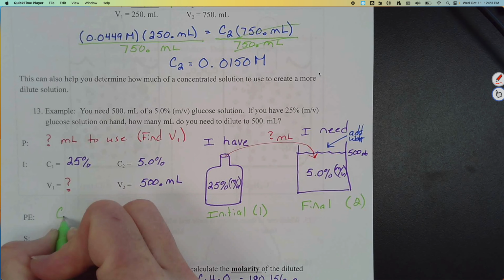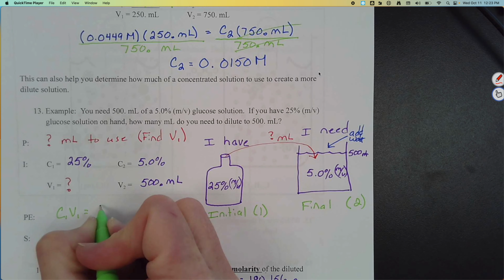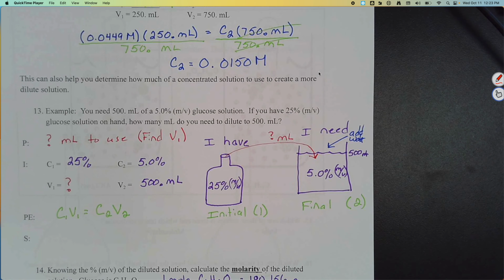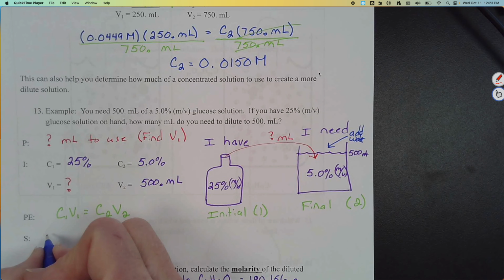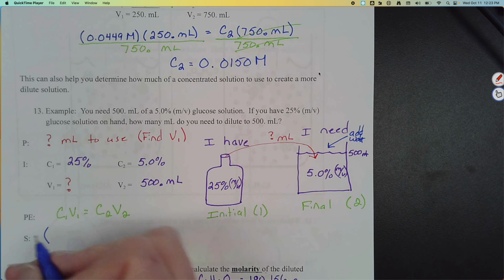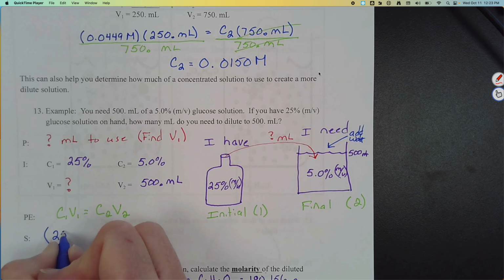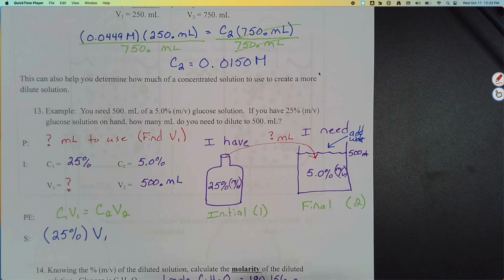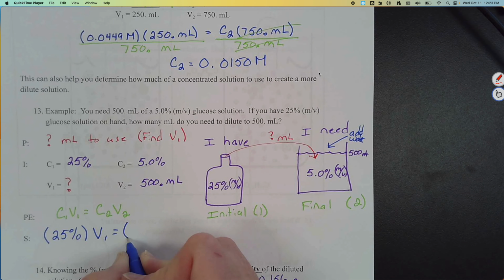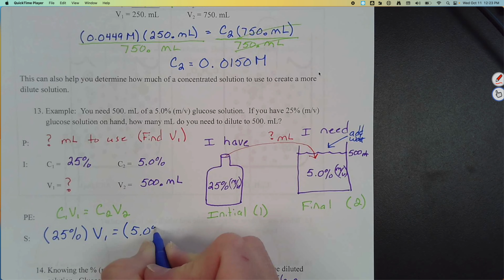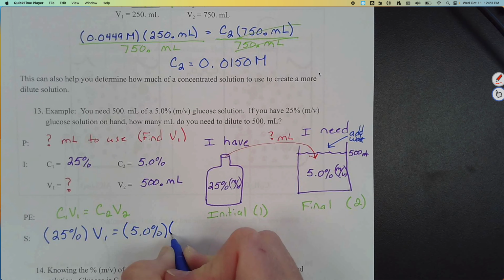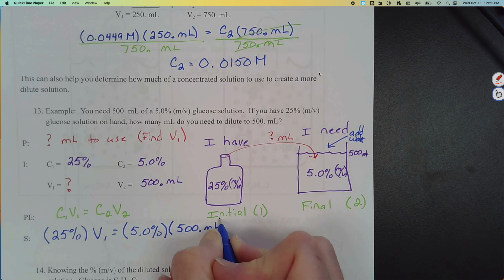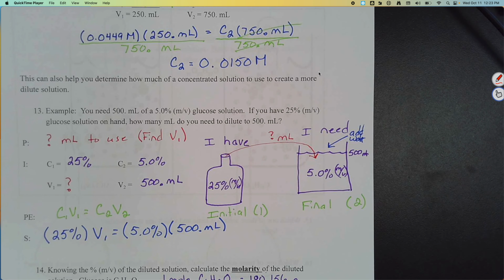I'm going to use my dilution equation, C1V1 equals C2V2. I'll put all the parts and pieces in. 25% times, I don't know how much to use, is equal to 5.0% times, I want to have 500 milliliters when all is said and done.